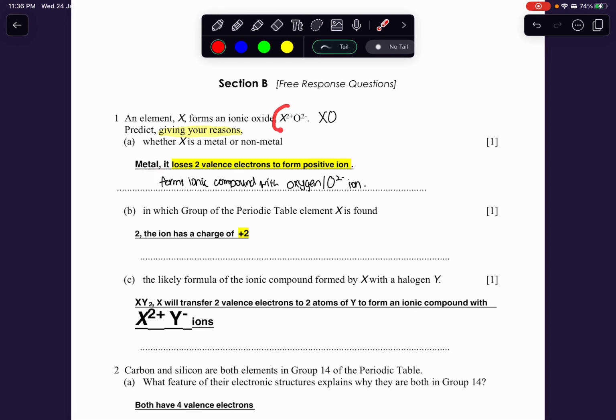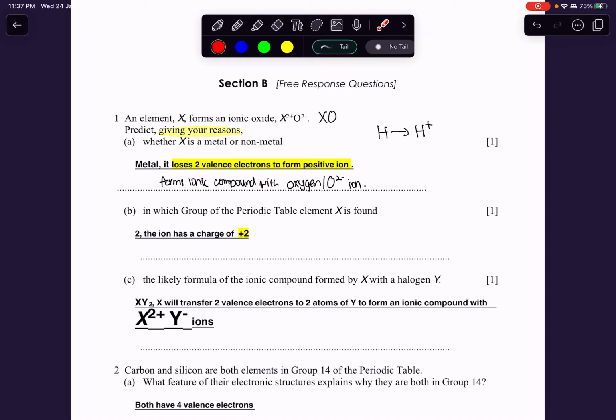It really goes back to the fact that it forms a positive ion. Some of you didn't mention losing 2 valence electrons. You said forms a positive ion, but remember, hydrogen is a non-metal, but it can also form H+, a positive ion. So you must mention losing 2 valence electrons here.